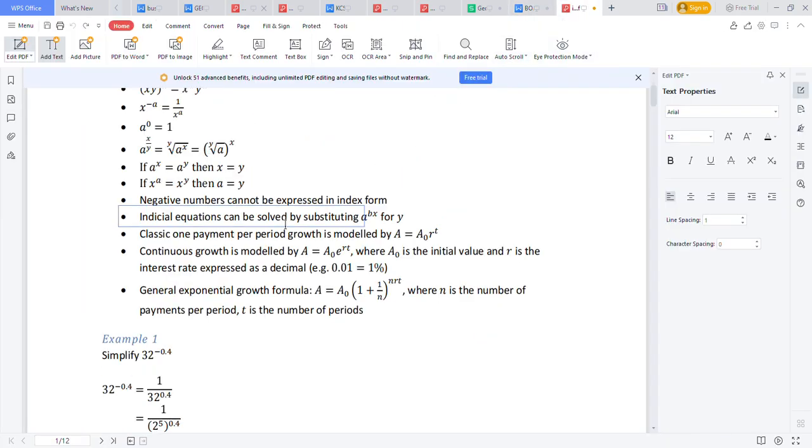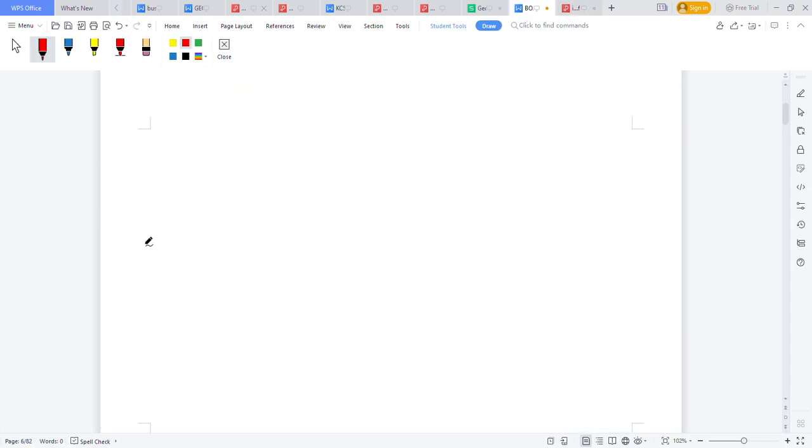So we are going to the minor things which are always there in exams. If you have a raised to power y is equal to a raised to power x, what do we normally say? We normally say that y is equal to x. This is a very common question in KCSE. So you will be given 72.